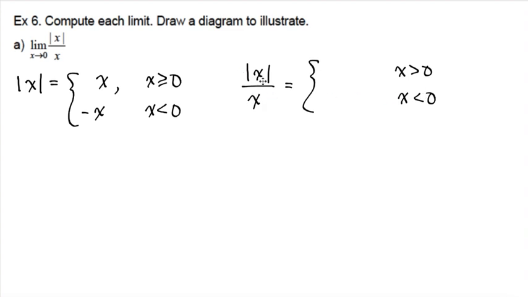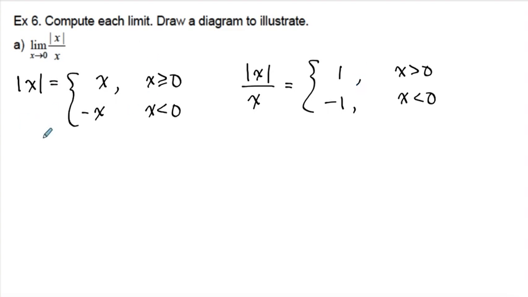You'll notice that I don't include 0 this time because I can't have the denominator be 0, so that's going to be a restriction. If x is greater than 0, then my function is going to be x divided by x, which would just be 1. And if it's less than 0, it's going to be negative x divided by x, which is just negative 1. So those are really the criteria for this piecewise function.